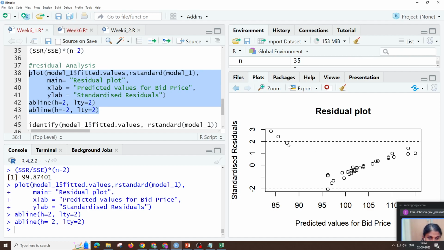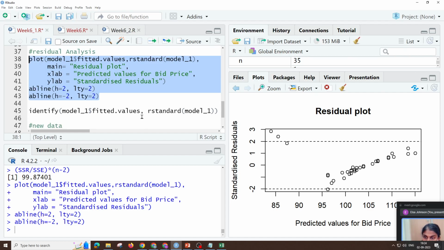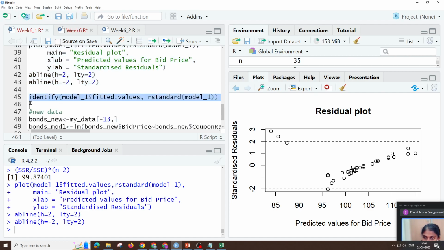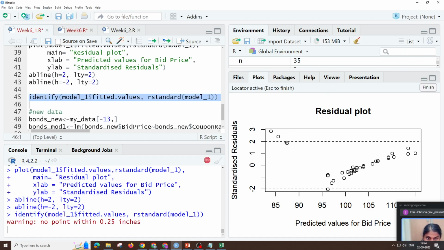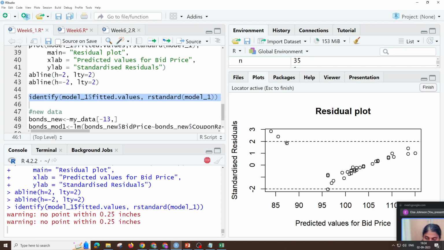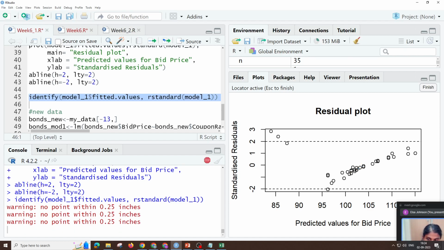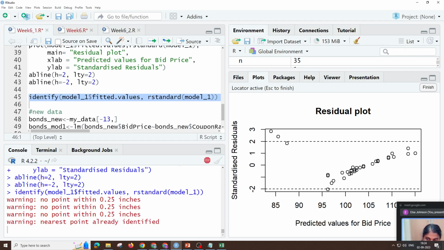You can see mainly 3 outliers are there. If you use identify on this particular plot, you can select one particular value. You will get the message of no point within 0.25 inches, and if you select another particular value, then the nearest point already identified will come.